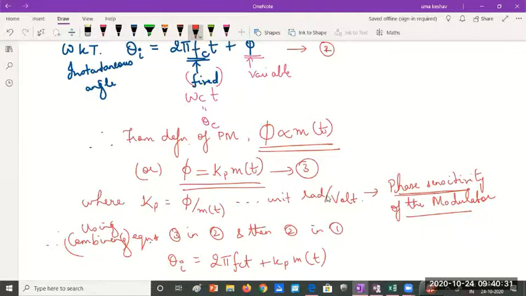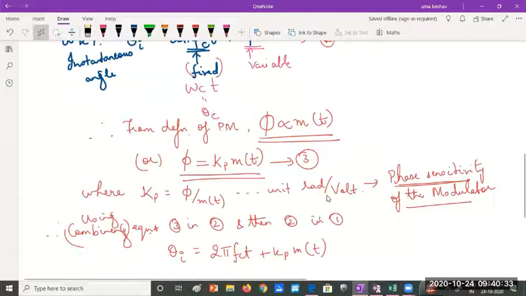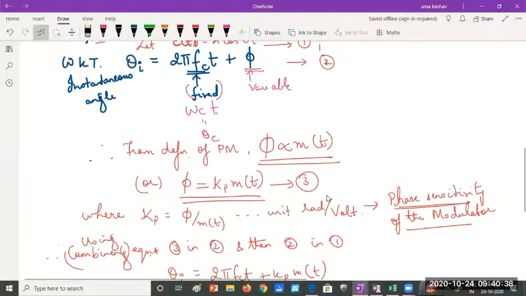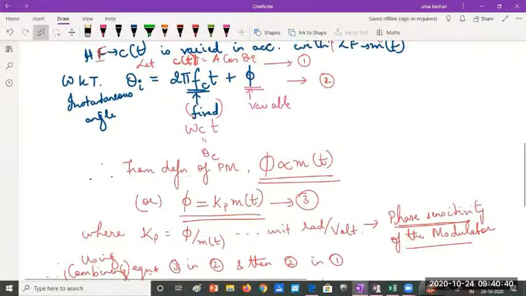And then what should I do? Equation 1 was nothing but the equation of the carrier, A cos theta i. So I can also call this carrier the angle modulated signal S of t, instead of calling it the carrier C of t, since we have considered this angle which we are going to vary.